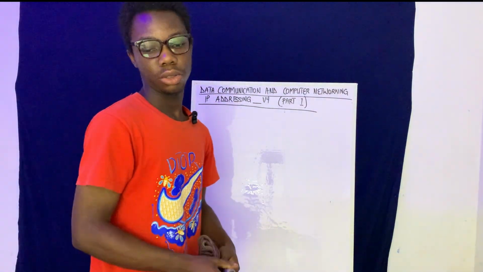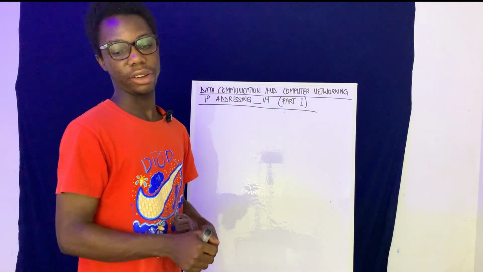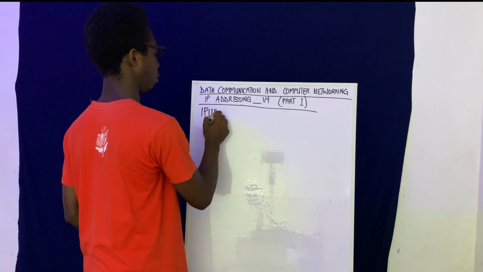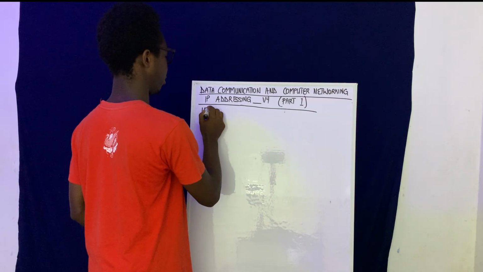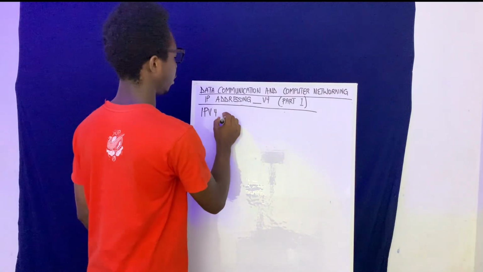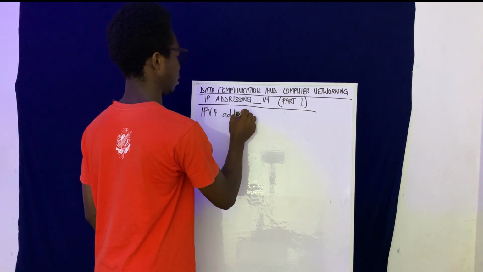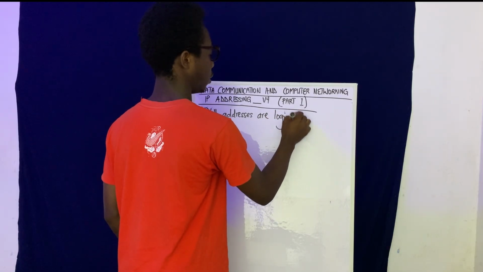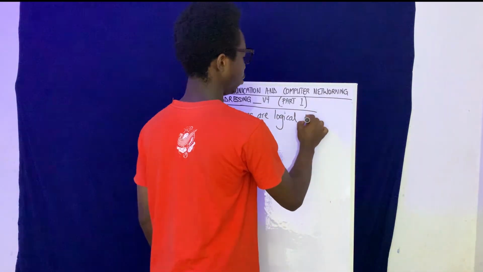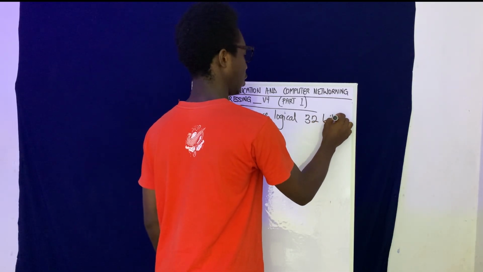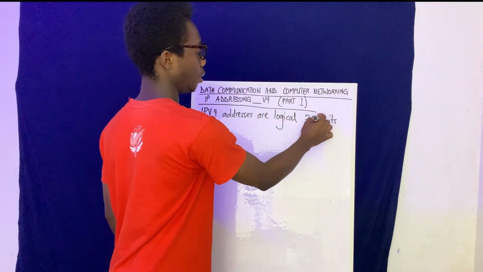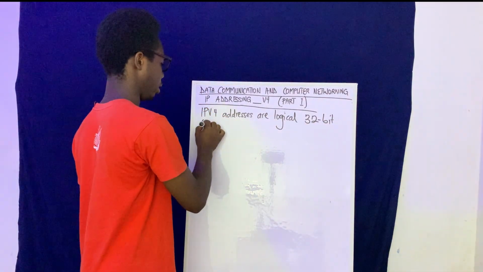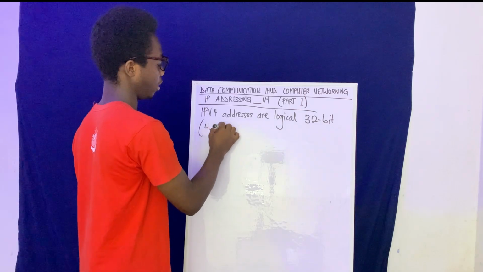Now, IPv4 addresses are logical, 32 bits, that is 4 bytes.